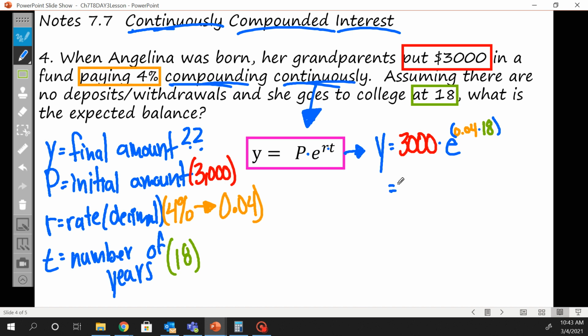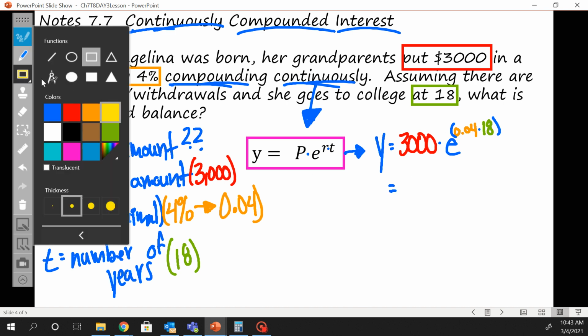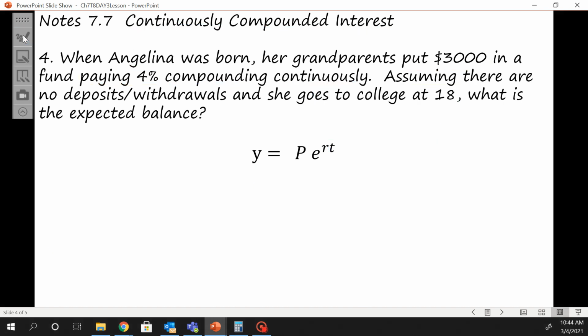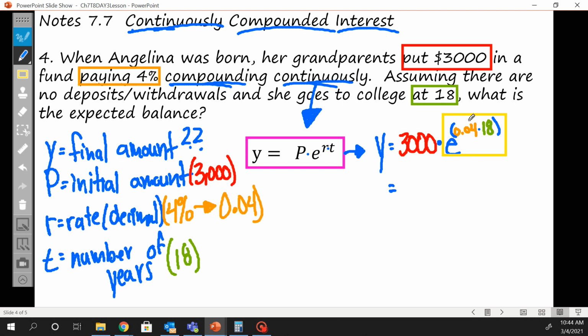This is all stuff we can plug into the calculator. The way you want to do this is first plug in e to the 0.04 times 18, and whatever you get there, then you multiply that by 3,000. Now notice I put parentheses around the exponent, and that's because I need to tell the calculator to do the exponent first, and then raise e to whatever that exponent is.